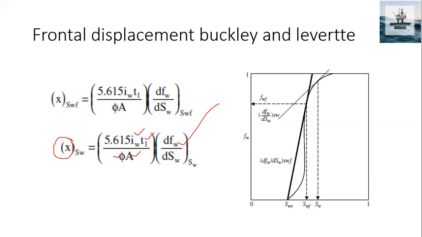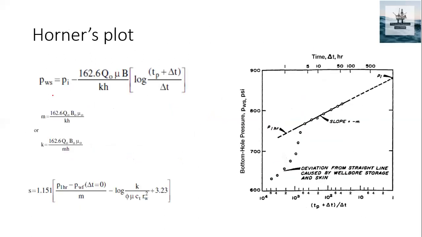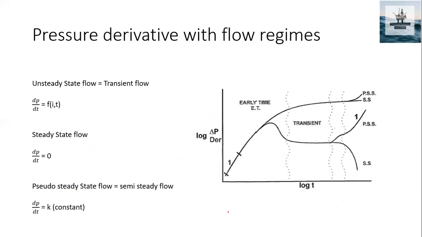So this is about the theory, and we will be doing three things in Excel. One is finding one parameter, that is permeability, through Horner's plot. Then comes identifying the type of flow regime, like pseudosteady state.